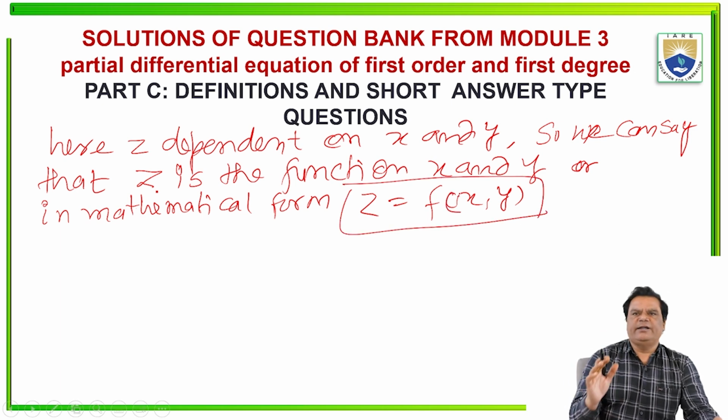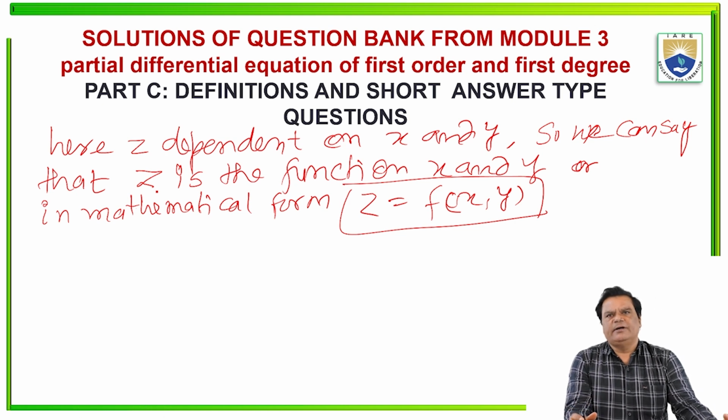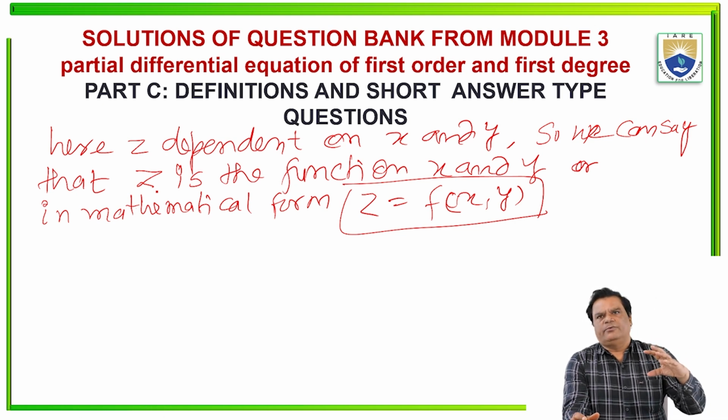So here x and y are independent variables. In a partial differential equation, there are three variables x, y, z.